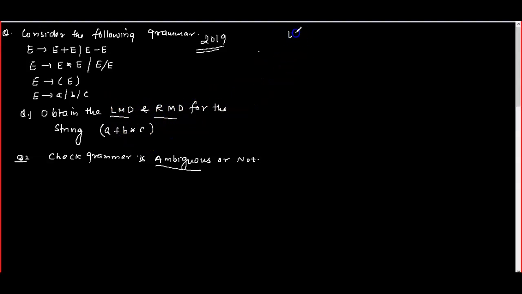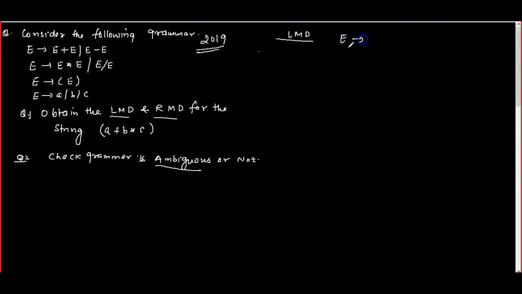First I am doing the leftmost derivation. Which one can we choose? E derives E plus E, I can choose; minus I can do; multiplication also I can choose; division. And the open bracket is also given here. So first we have to choose this open bracket.